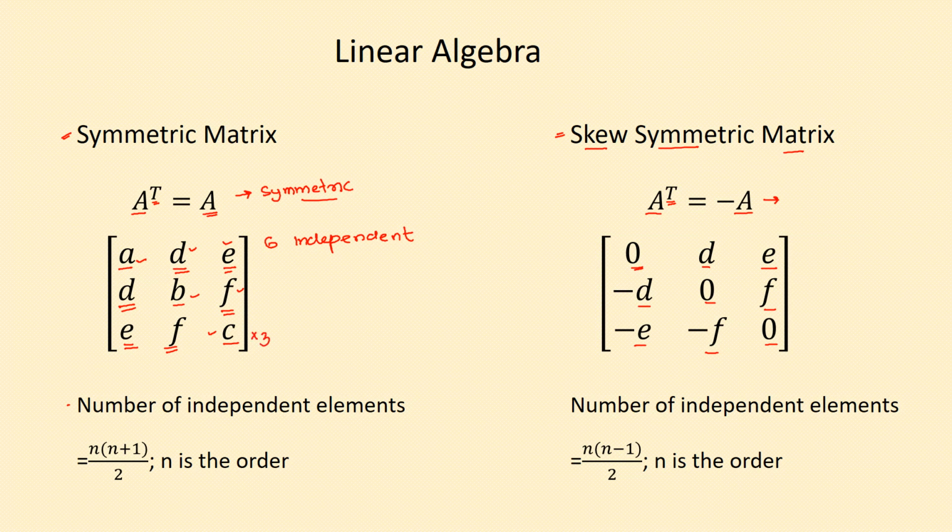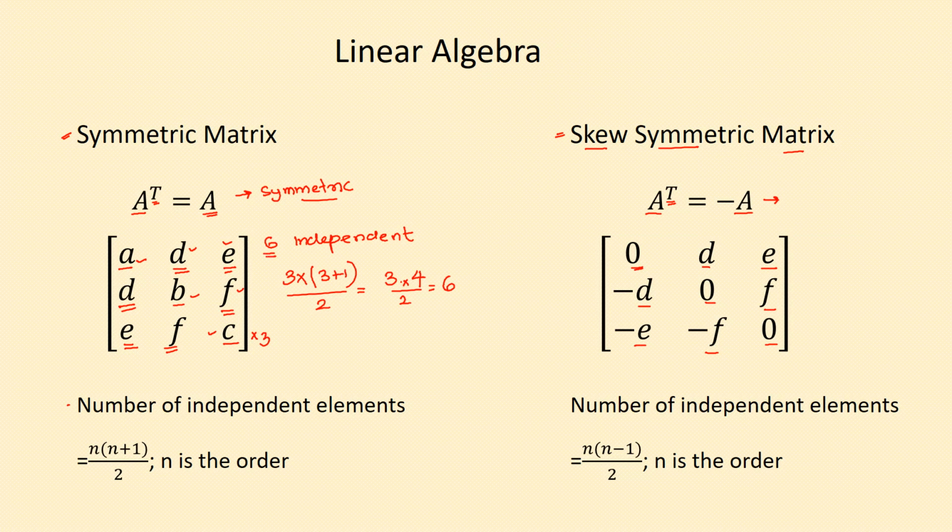And how do you calculate this? This is n into n plus 1 by 2, where n is the order of the matrix. So here n is 3, that is the order is 3. 3 into 3 plus 1 by 2, that is equal to 3 into 4 divided by 2, that's equal to 6. So we got 6 independent elements.